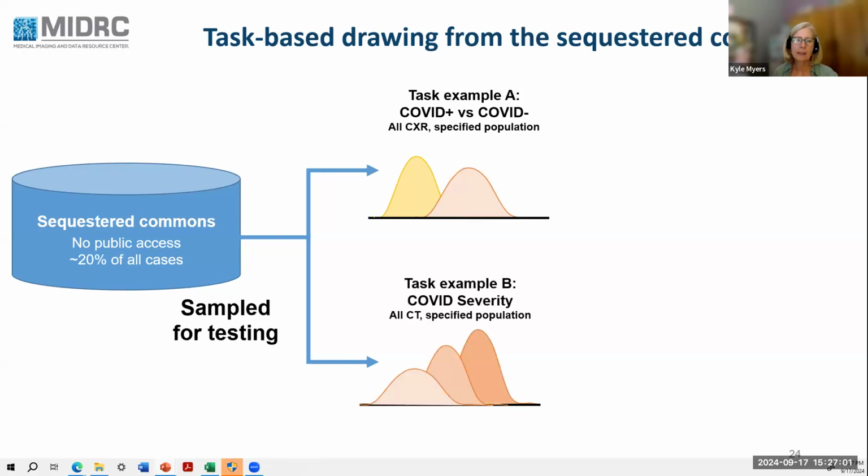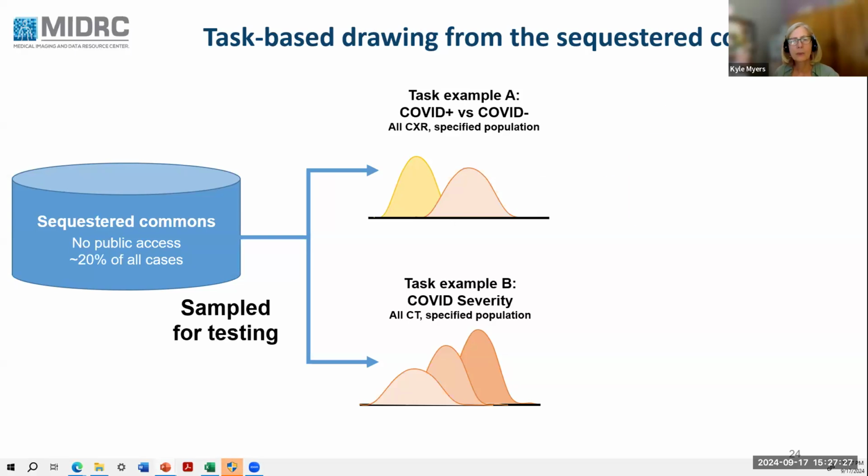A different requester might be interested in evaluating an algorithm developed for a different task, for example, estimating COVID severity. And in this case, suppose it was from all CT data for that specific task and population. So we might imagine a distribution of patients all deemed to have a set of different estimated disease severity ratings.